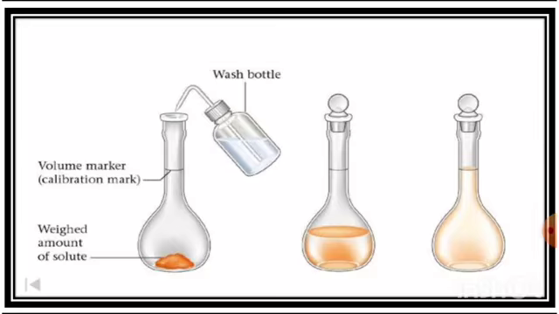This is the picture which shows how to make a standard solution of copper sulfate. In this picture we have taken copper sulfate salt into the measuring flask and make up the volume up to the mark by adding water with wash bottle.